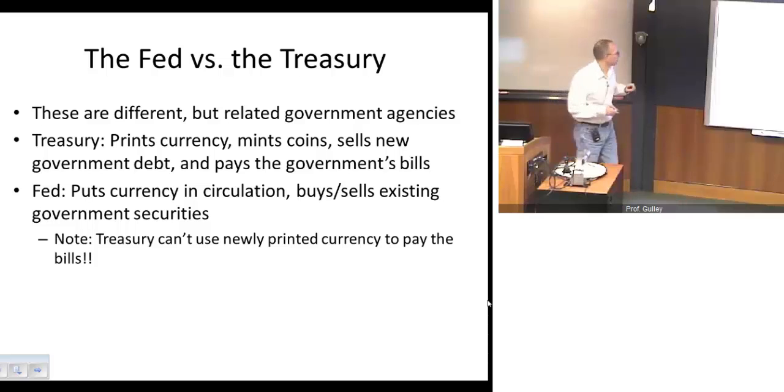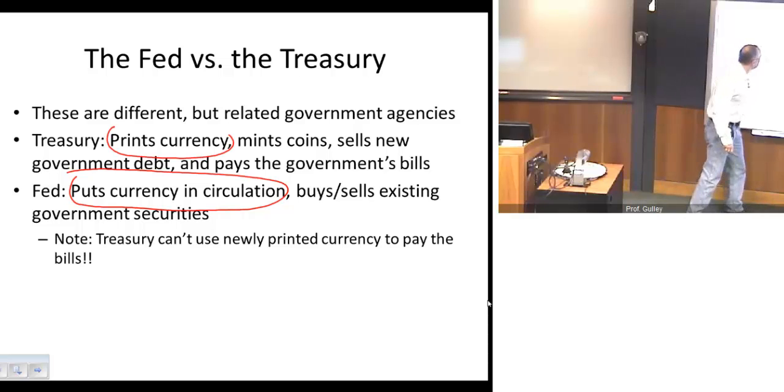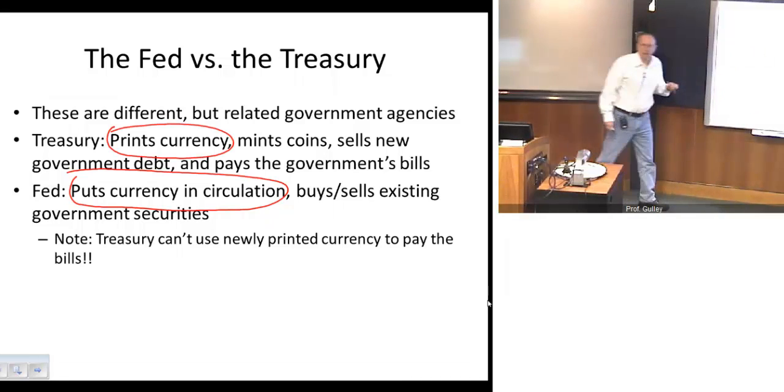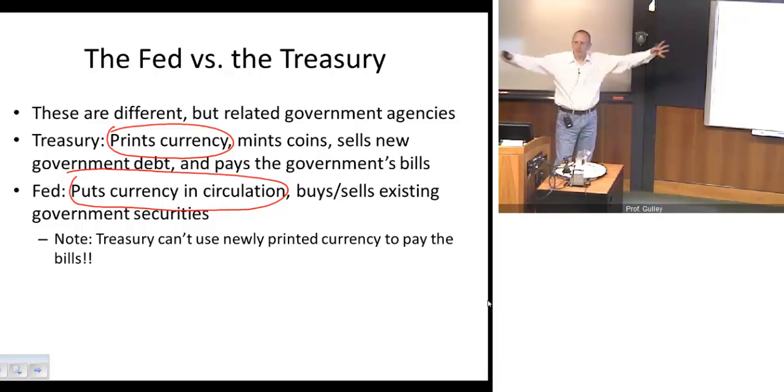And this separation in terms of who gets to put the currency in circulation and who prints it sets things up so that the Treasury cannot print new money to pay its bills. And most governments have organized themselves like this, where they have that separation of responsibility.